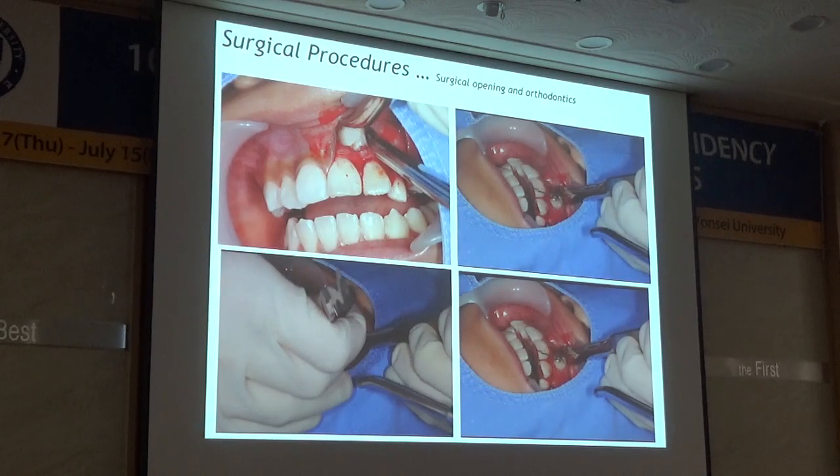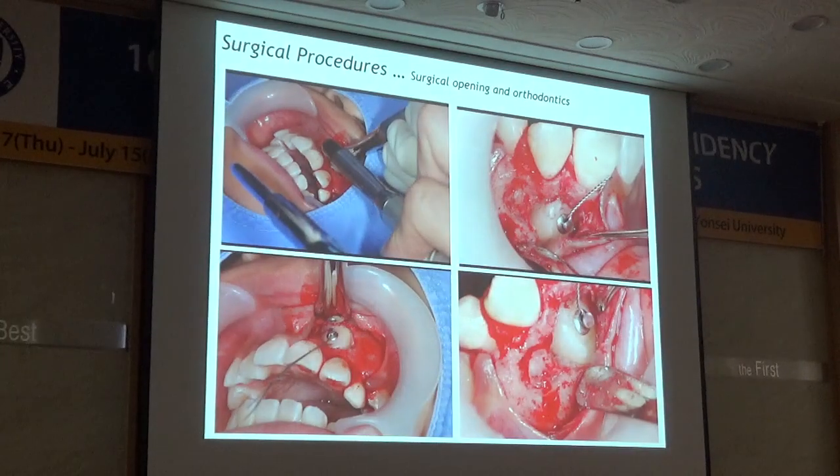So she applied a very hard movement force on the impacted tooth to test whether the button was attached well, and then she did an additional curing procedure.